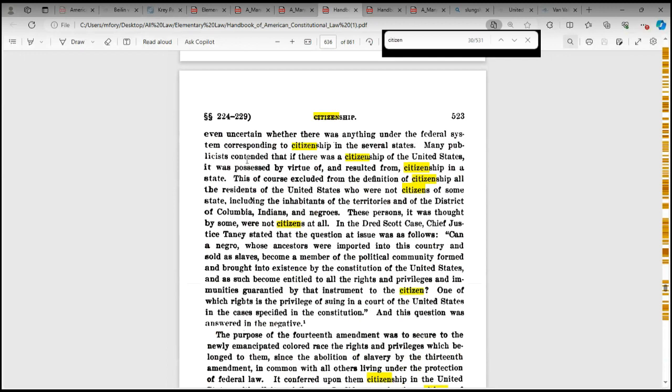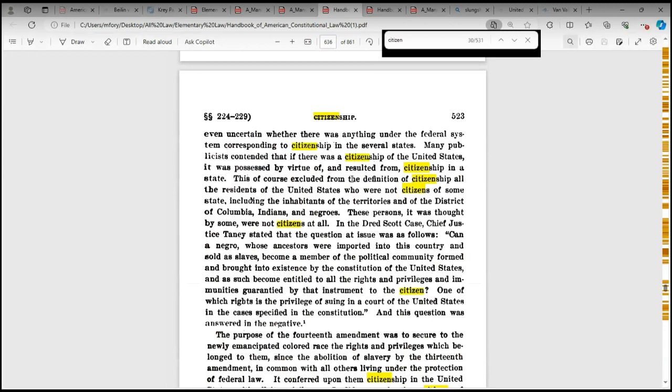Many publicists contended that if there was a citizenship of the United States, it was possessed by virtue of and resulting from citizenship in a state, and that's of course the court case that I read. I can't recall which one specifically, it's not the Slaughterhouse Cases. It's not the Kim case, the Chinese one, Kim Wong or whatever. I can't pronounce it.